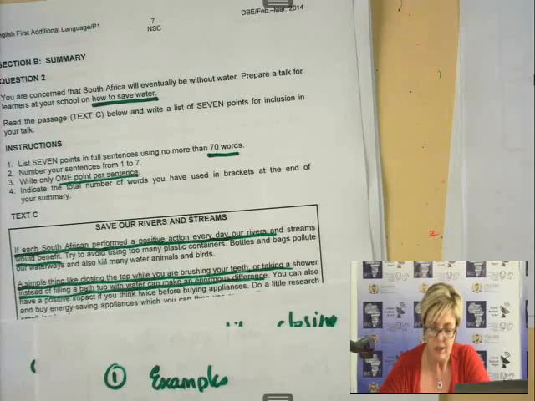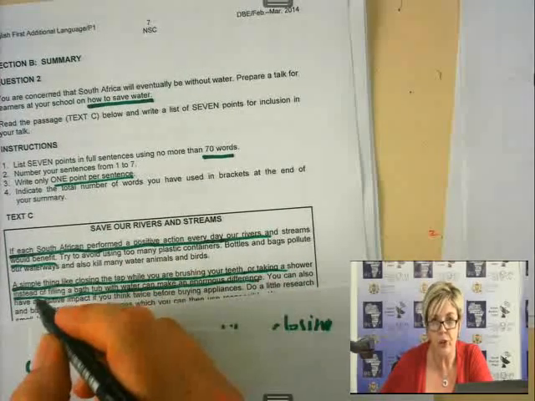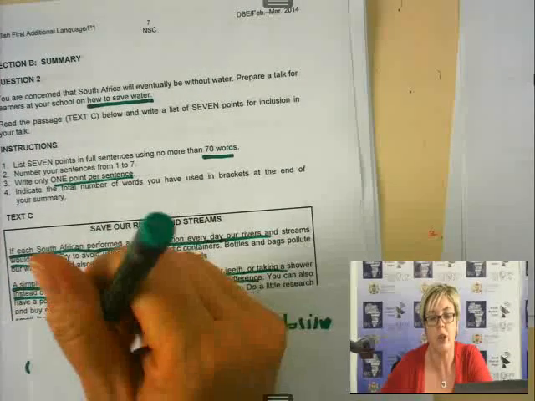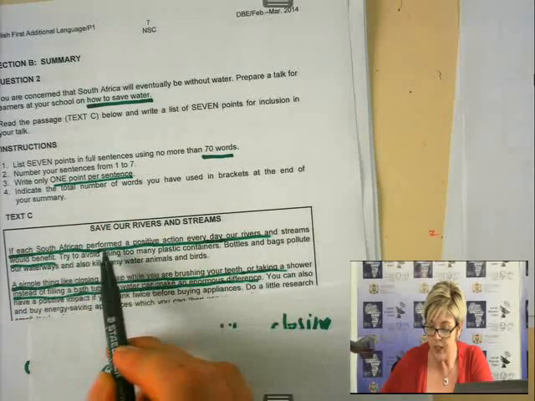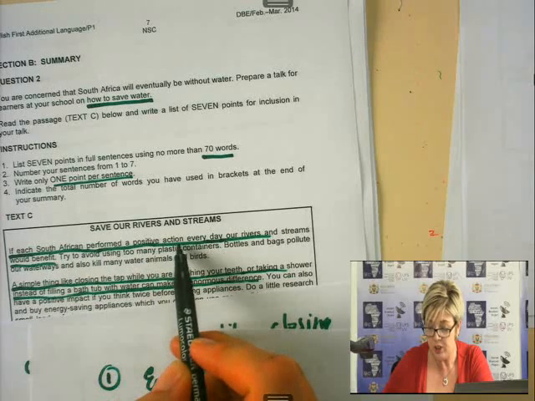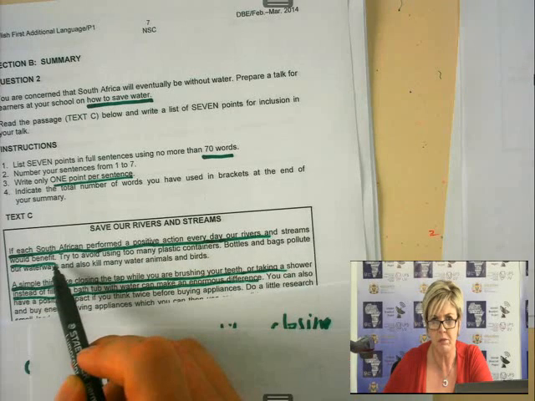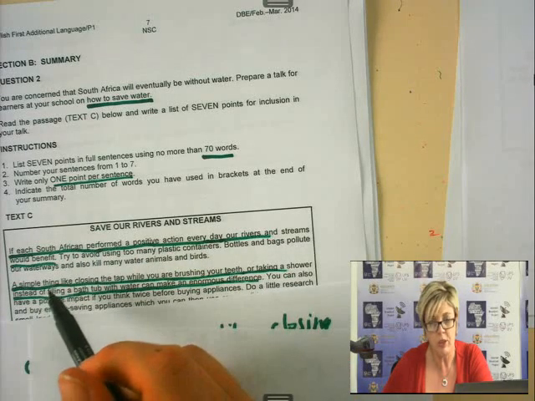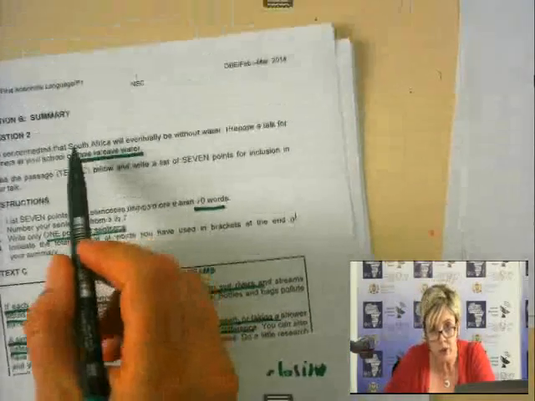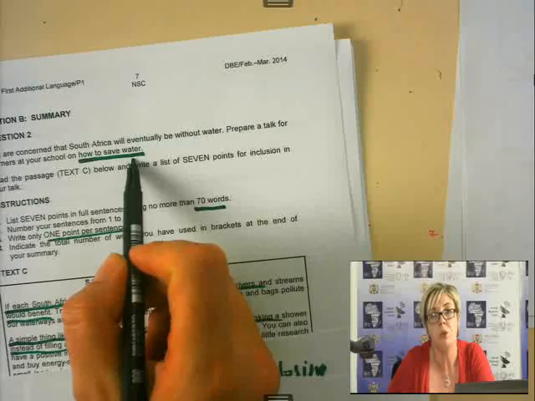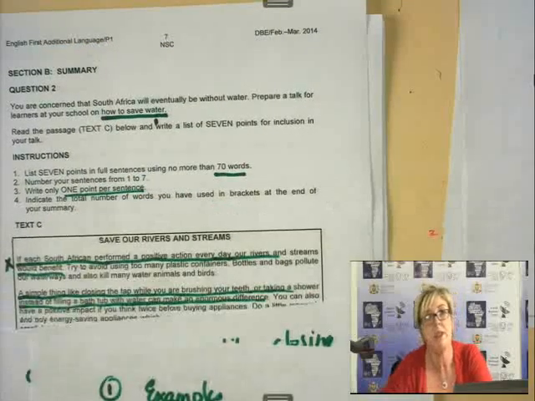Is that a fact? Does that sentence tell you how you can save water? What can you do to save water? It doesn't tell me what to do. It just tells me I should do something, but it doesn't tell me what to do in order to save the water. So that won't be a fact.